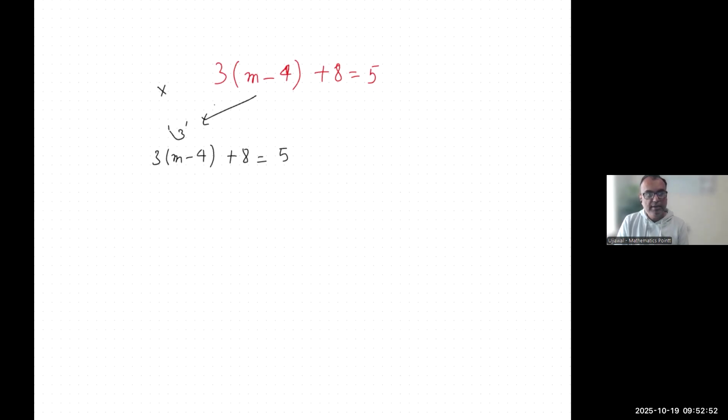You write this full expression again, and I divide all of that. I can write it like this on both the sides. Or probably even easier would have been to divide it like this. Put a bracket.